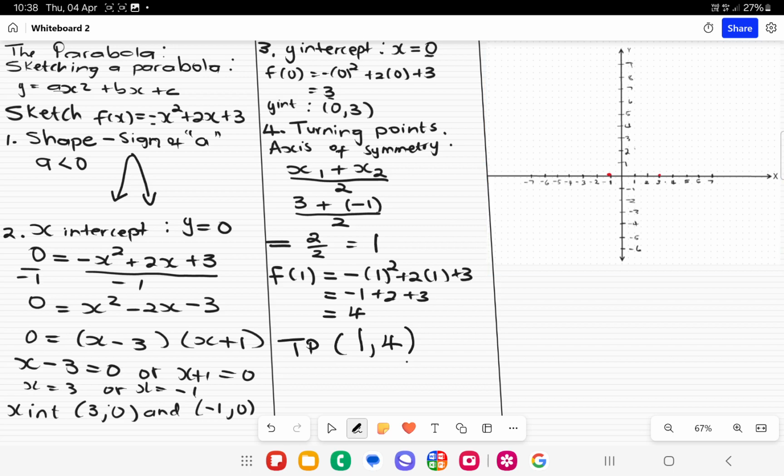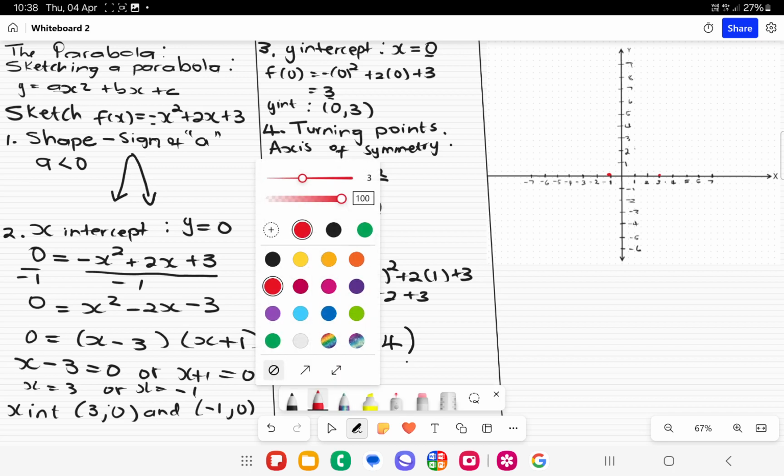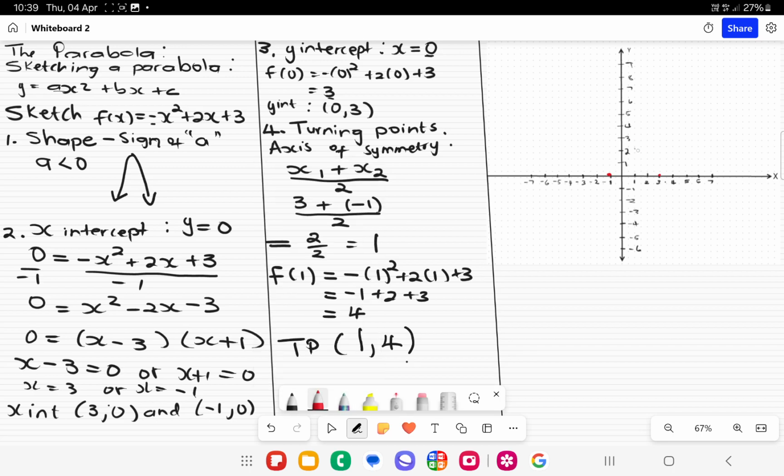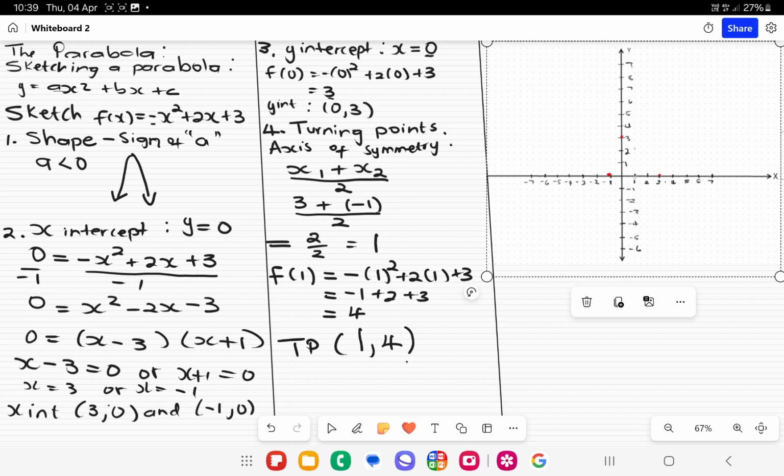Nice. And then my y-intercept, (0, 3) on the y-axis. Beautiful. Then my turning point, (1, 4).